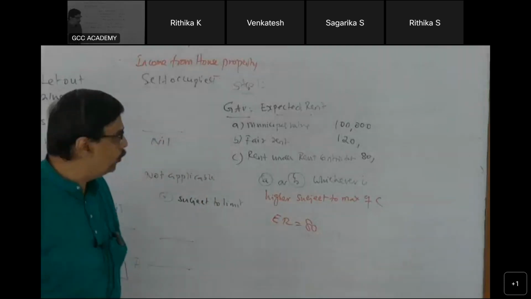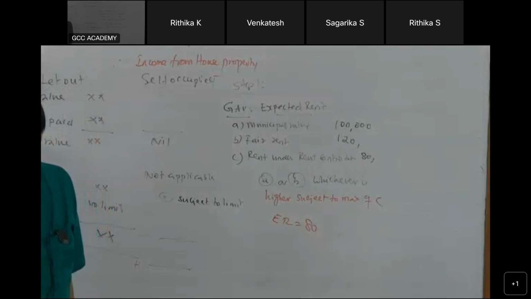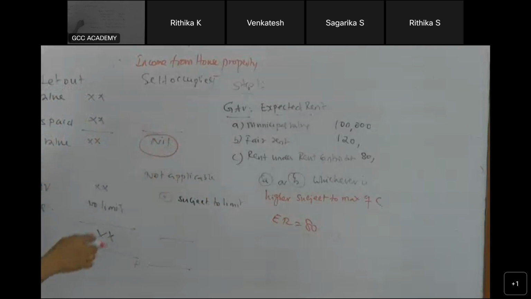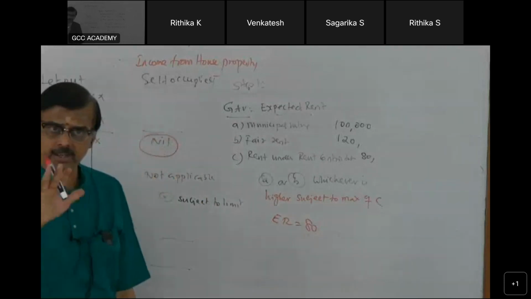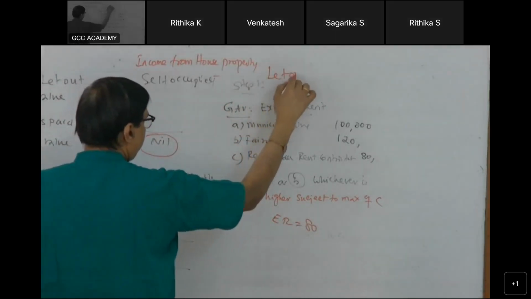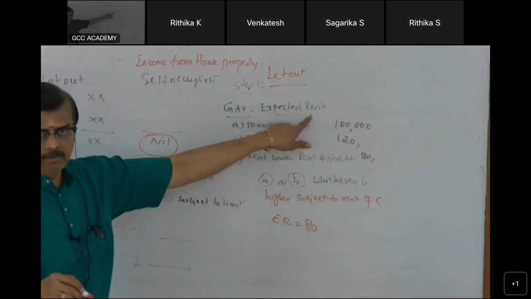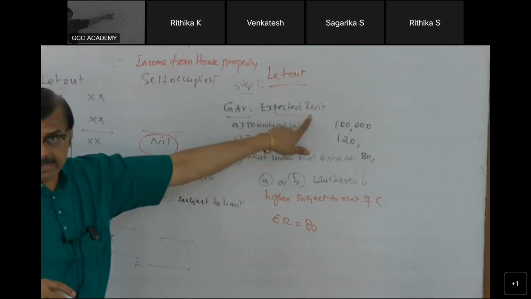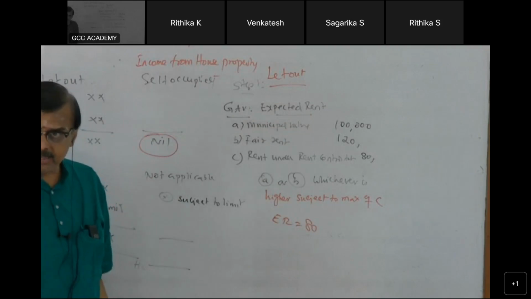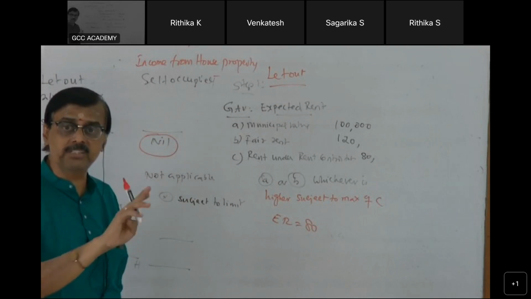I am repeating, when you are going to determine GAV, particularly for let out property, because for self-occupied property you need not find GAV and NAV, but only for let out property. Step 1, what do you have to calculate? Expected rent. To calculate expected rent, there are 3 parameters: A or B, whichever is higher, subject to maximum of C.